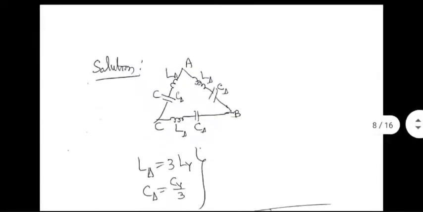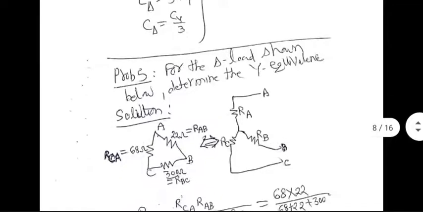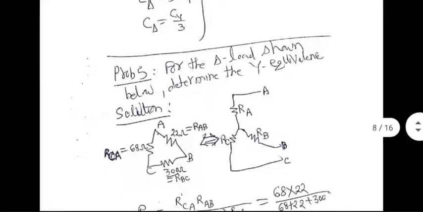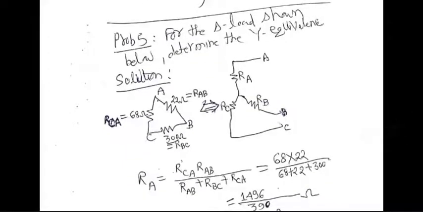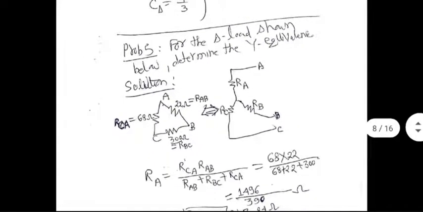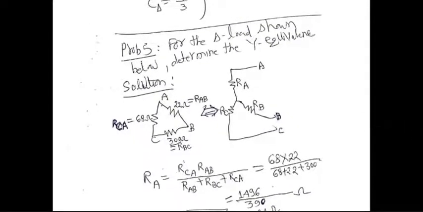Okay, let me move to the next one. Purely resistive load, again, but unbalanced. 22 ohm, 300 ohm, and 68 ohm.